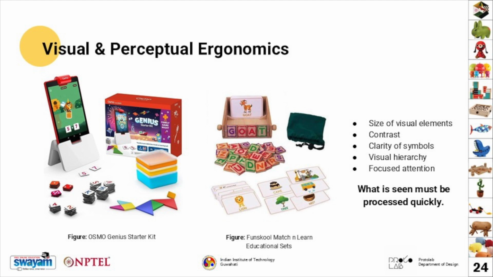Poor contrast makes symbol recognition slower. If a button label blends into background color, the child must guess. Guessing increases cognitive effort. Interface parameters such as button size and feedback frequency directly influence mental effort.